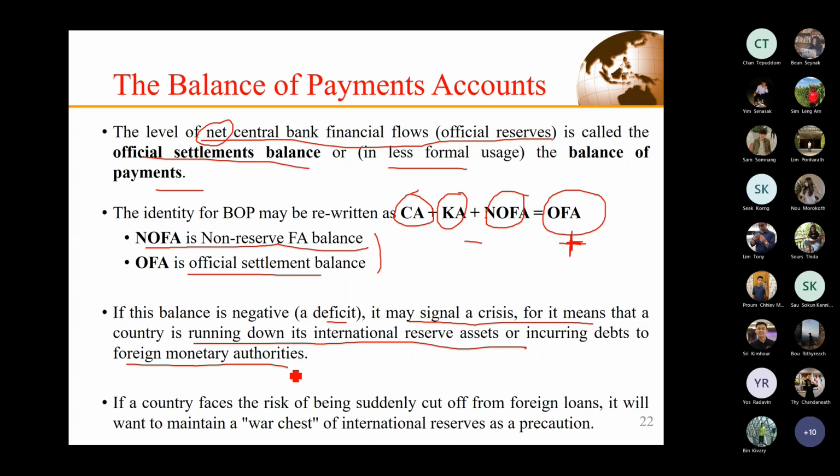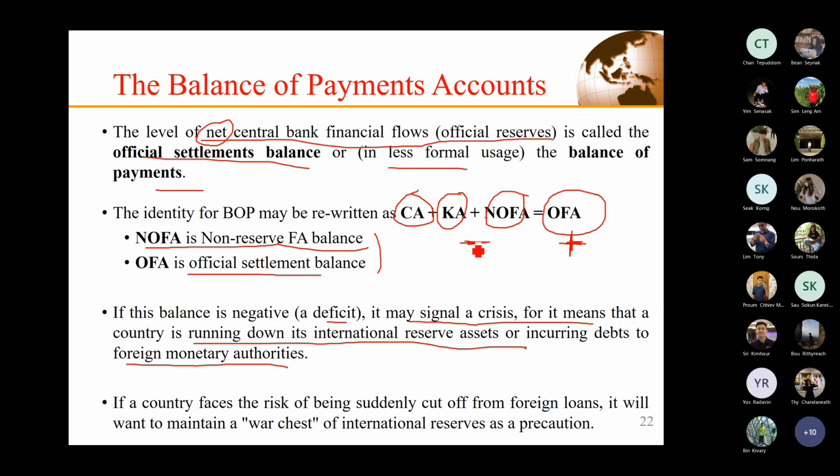Whenever you have this minus, this deficit, it means that most of the central bank reserve assets are being owned by the foreign central bank, and the country is losing its international reserve.